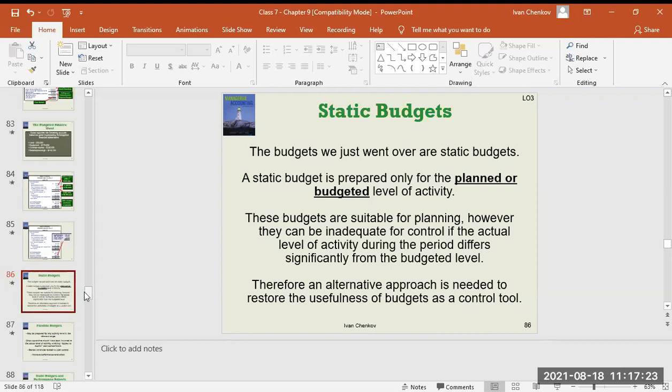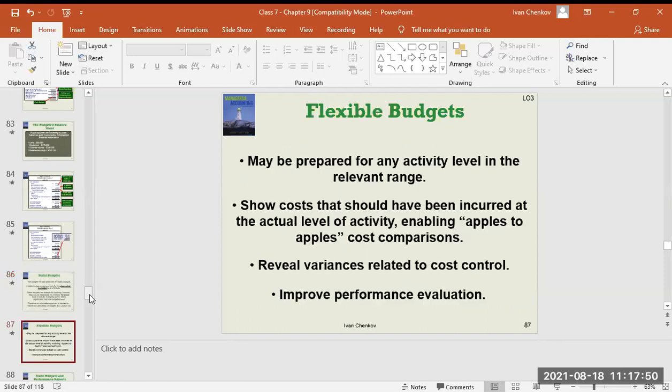As you can see, our starting point was the particular sales number, and that's it. Now, these budgets are good for planning. However, if our actual sales are different than the number on the starting budget, we cannot use them for control purposes. For control purposes, we have to do a flexible budget.